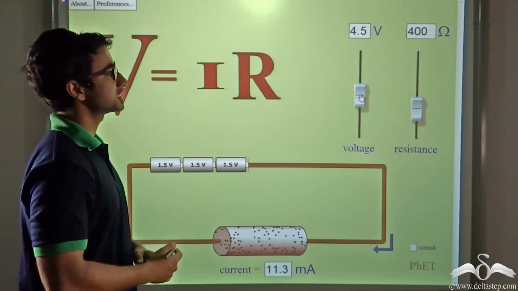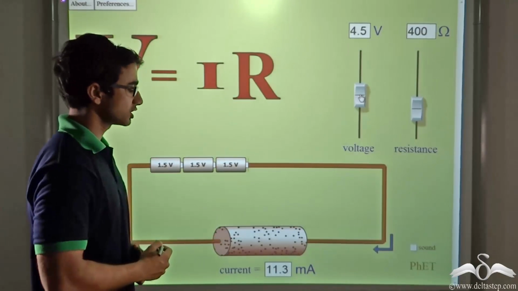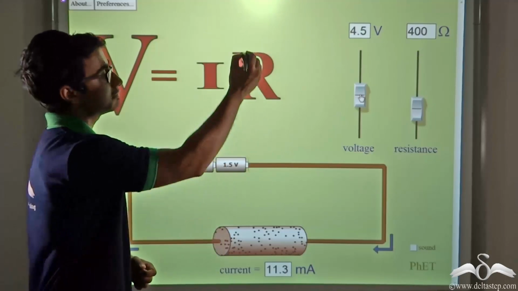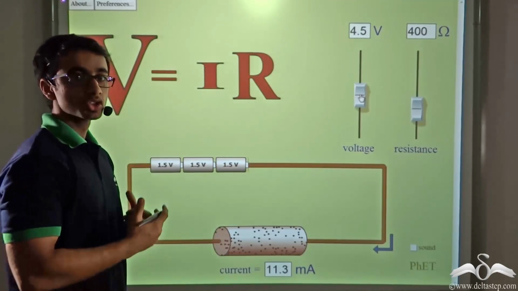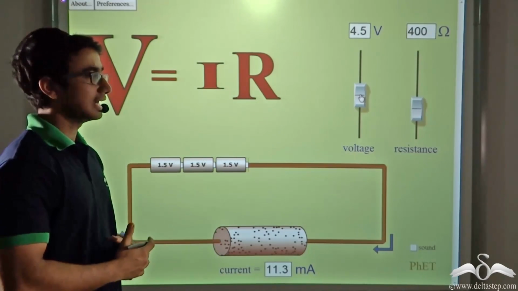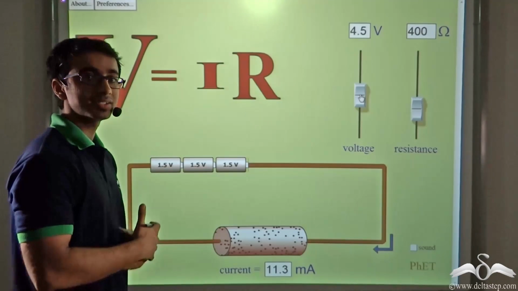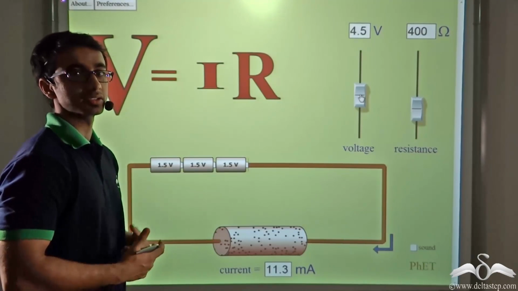For the same 4.5 volts, we are now getting a current of 11.3 milliamperes when I decrease the resistance. Thus, this proves that Ohm's law can be verified through such a circuit arrangement. That is, voltage is directly proportional to the current.